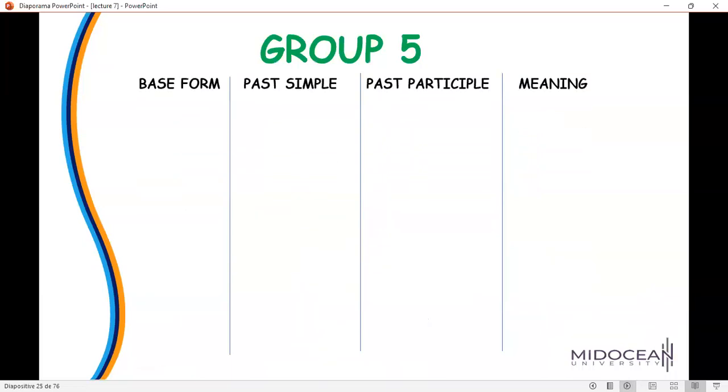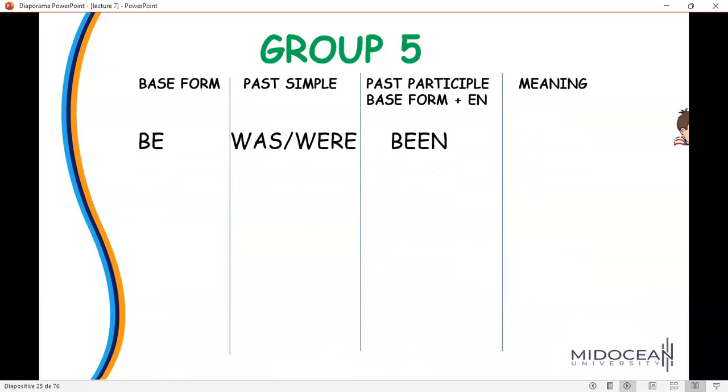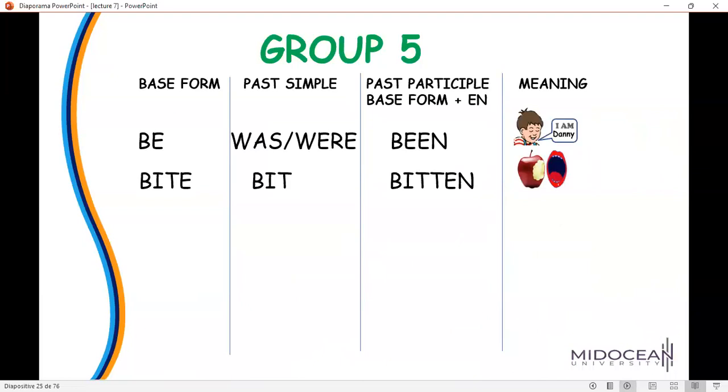Group 5. Verb to be, simple past was or were, past participle of the verb been. Verb to bite, simple past bit, and past participle bitten. Drive, simple past drove, past participle driven.